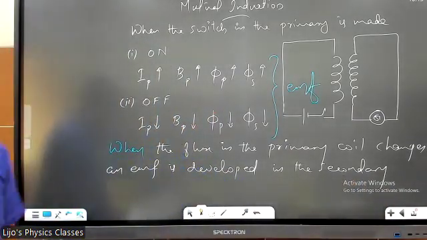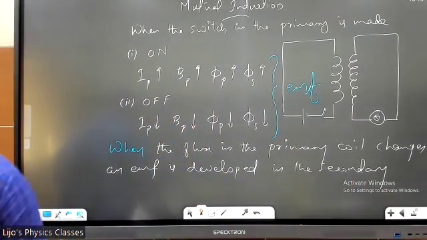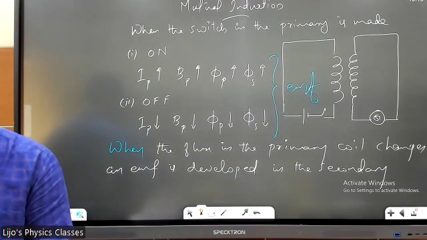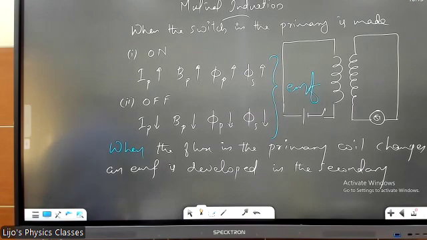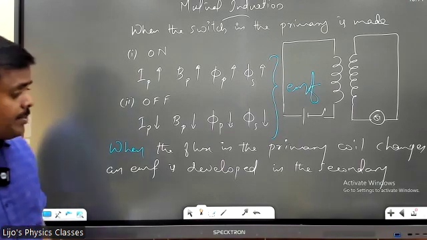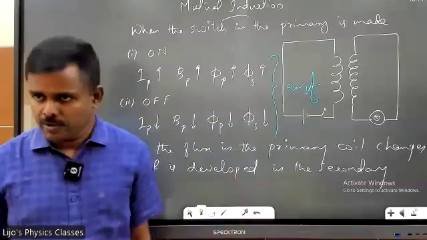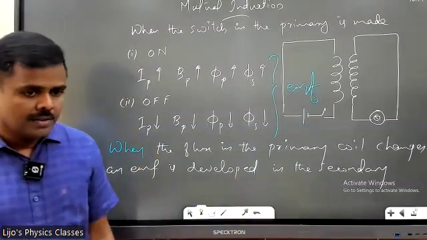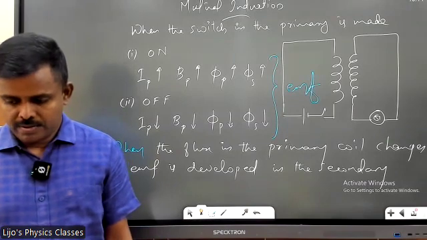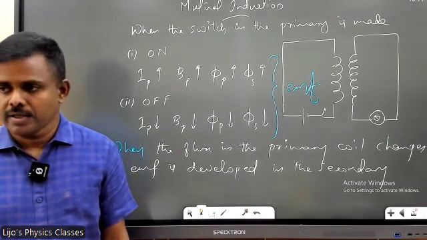When the flux in the primary coil changes, an EMF is developed in the secondary. This phenomenon is called what?